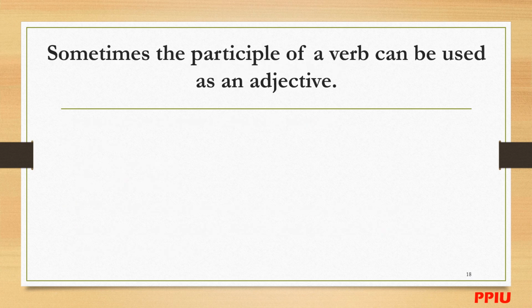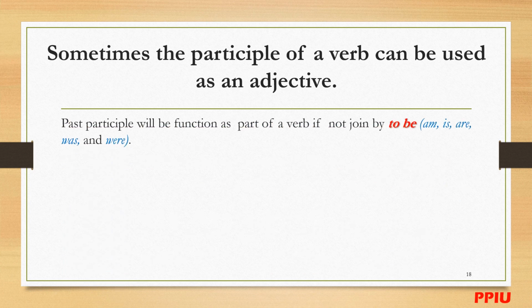Sometimes the participle of a verb can be used as an adjective. A participle will function as an adverb or adjective if it is not joined by a form of to be, such as is, was, or a verb.